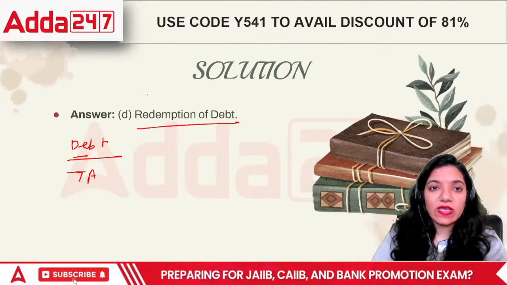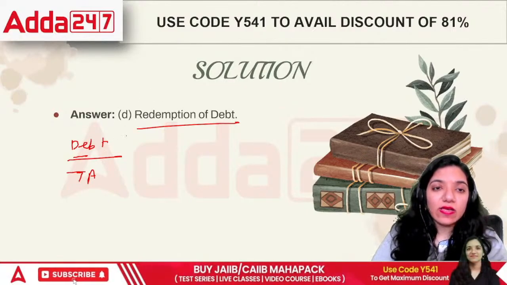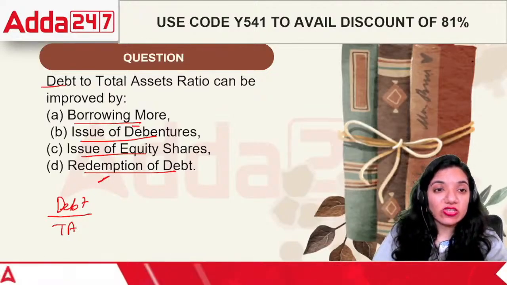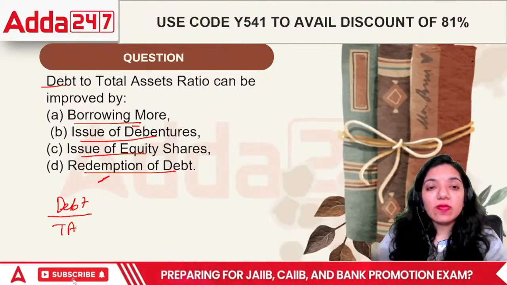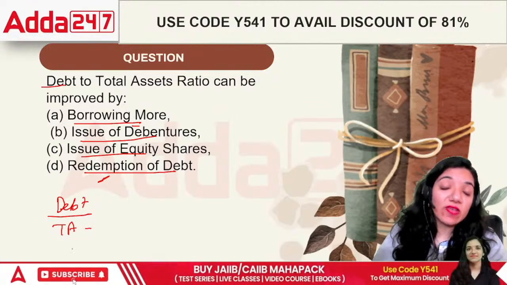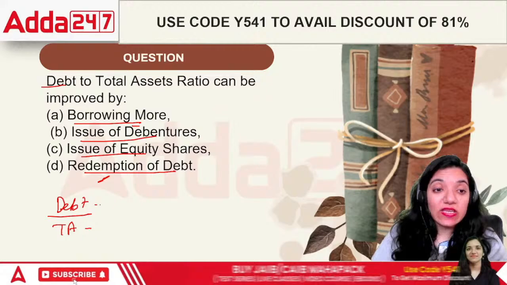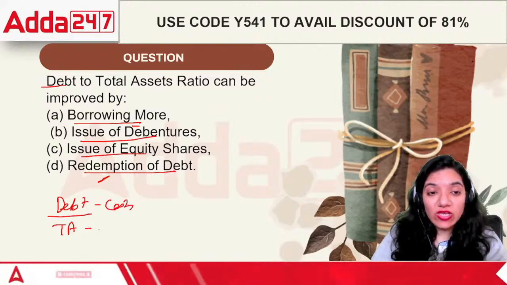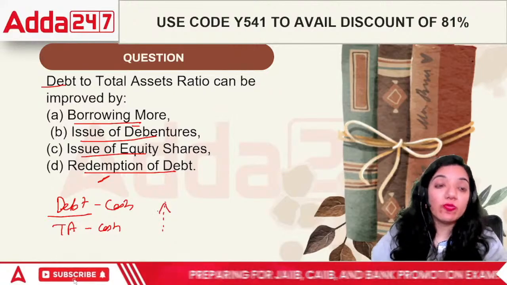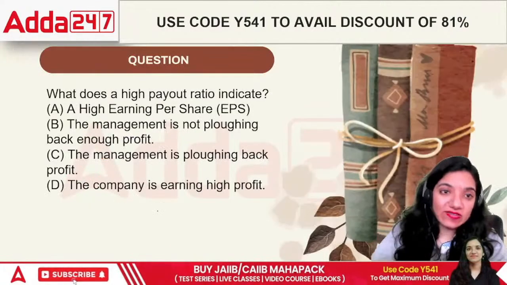The point is, if the debt is basically reduced further, what will happen? Debt to total asset ratio, if we are removing some debts, in this case we will also remove the assets as well. Now we are paying it in cash, so technically we will lose cash here as well as here. In this case it would automatically improve. That is debt to total asset ratio.